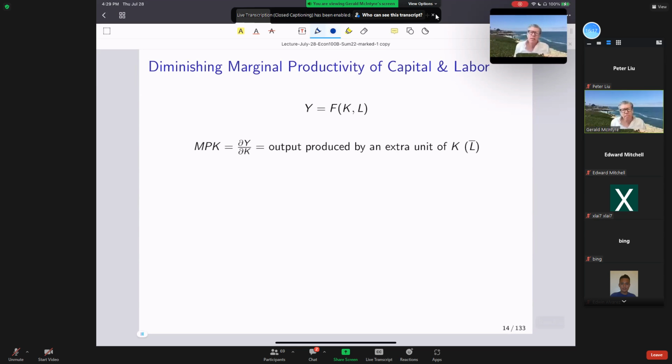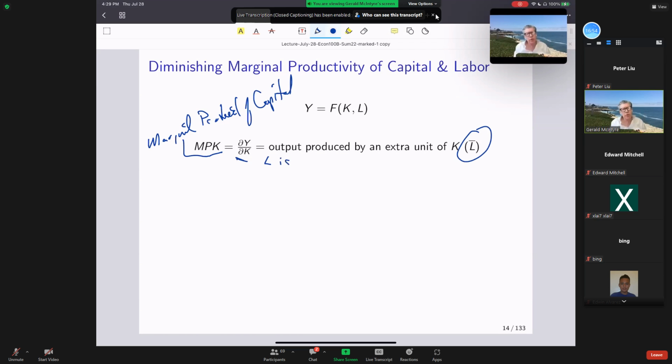And what that means is the marginal productivities themselves, the MPK, the marginal product of capital, is the partial derivative of the production function, partial derivative of Y, or partial derivative of F with respect to K. And it tells you the output produced by one extra unit of capital, or an incremental unit of capital, keeping labor fixed. That's what a partial derivative does.